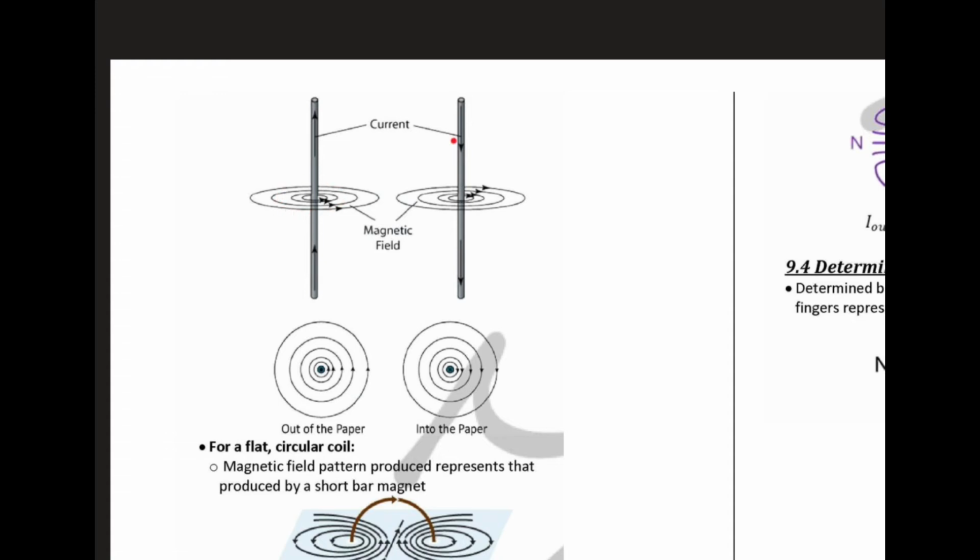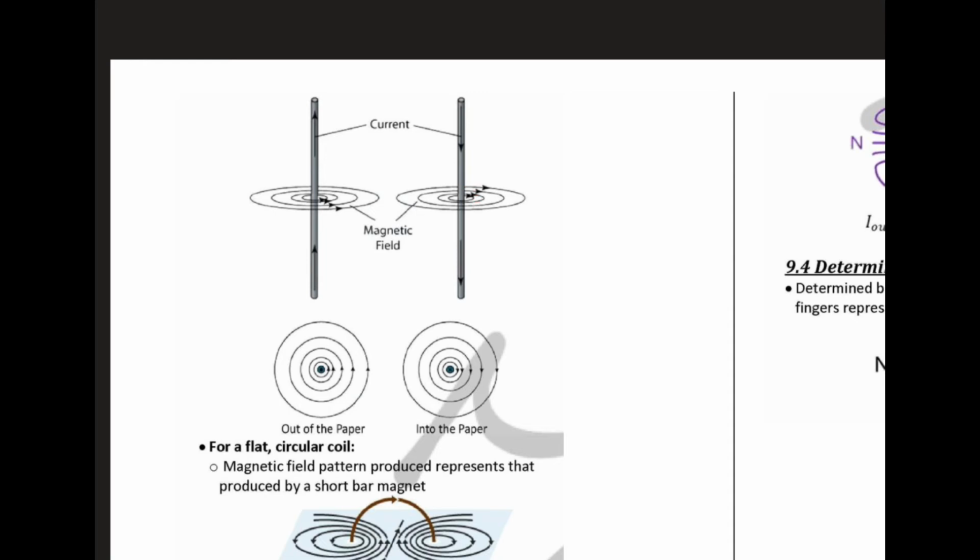This example is a straight conductor with current flowing downwards. You grip the straight conductor with the four fingers, and your thumb points downwards. Then you will realize the fingers twist in the clockwise direction.